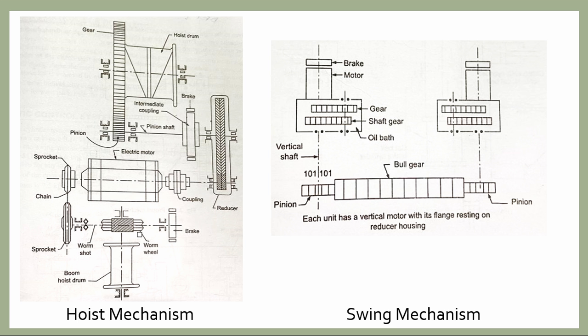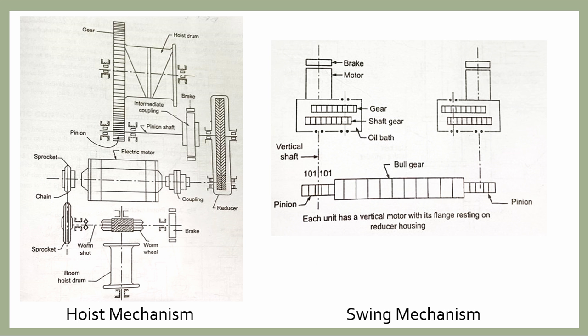In a normal case, the boom is held stationary at an angle of 45 degrees. When the power transmitted from the motor to the boom hoist drum is cut off, then the bucket hoist mechanism is kept in undisturbed operation. So students, these are the basics of the hoist mechanism.